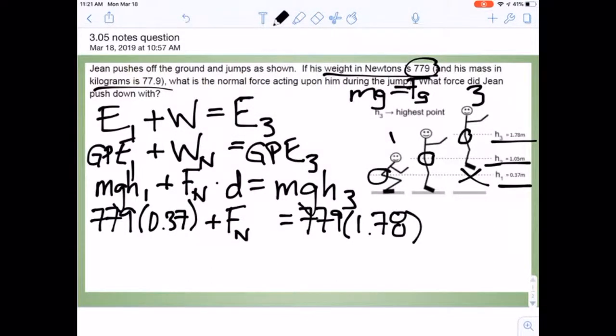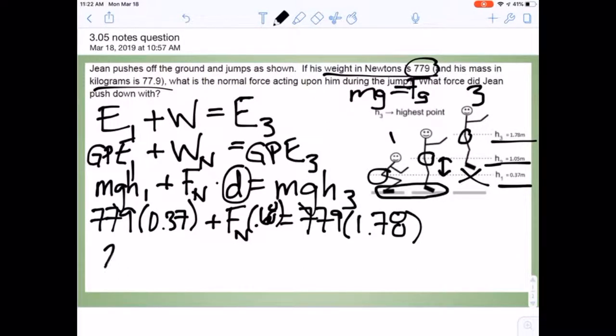So here's the trick to this, and that's that he only has normal force between points 1 and 2. So this d here, this displacement, is only going to be the difference between height 1 and height 2. So that's 1.05 minus 0.37, and that is going to be 0.68. So that's what I'm going to use for the d. Okay, so I'm going to do my calculations.